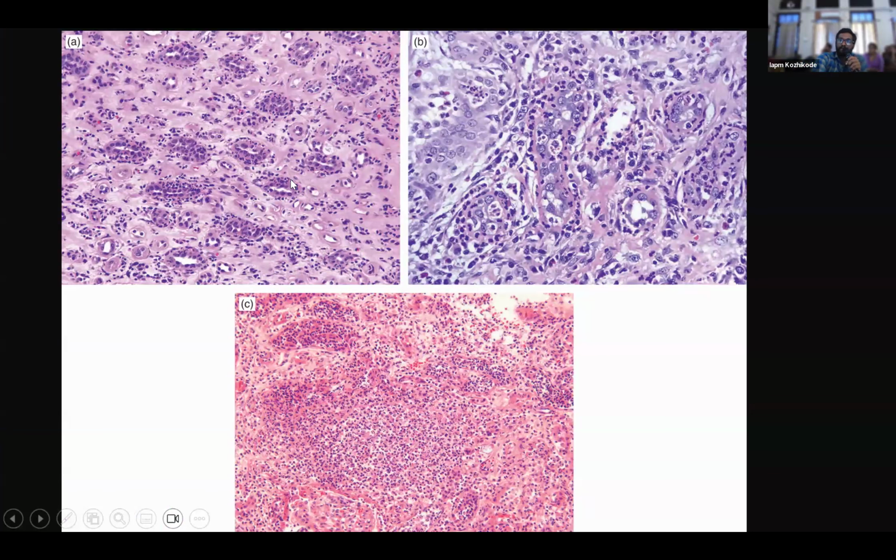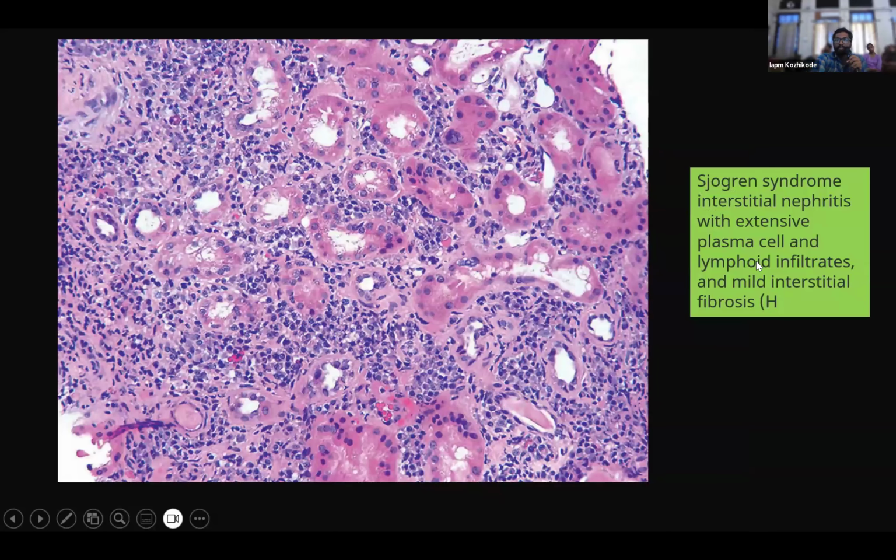And look at what you are seeing here, a lot of inflammatory cells inside the tubular epithelial cells, in the lumen, and also in the interstitium forming abscess, so pyelonephritis. And in some diseases like Sjogren's syndrome, scleroderma and others, you may get a predominantly tubulointerstitial pattern, even though it is an autoimmune disease.